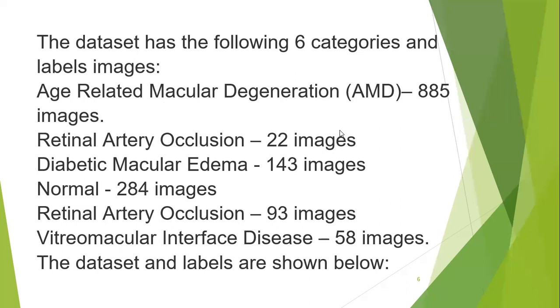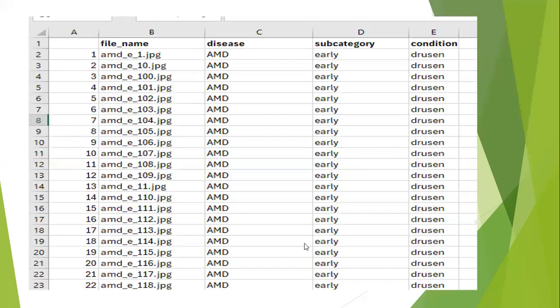The first one has about 885 images. The second one has about 22 images. And then the diabetic macular edema has about 143 images. Then the normal images, and 93 images of retinal artery occlusion. The data sets are well labeled and they are shown.